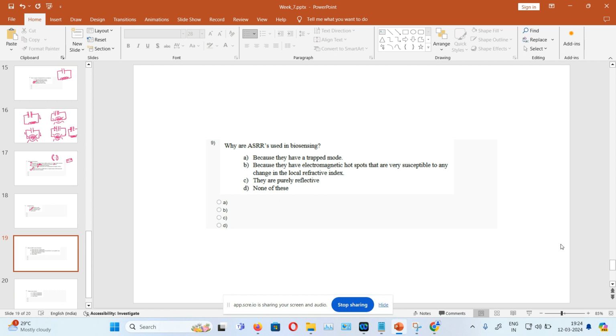They have particular modes that are highly susceptible to changes in the local refractive index. If you have some sensing entities there, they may change that local refractive index, and that will drastically change the properties of the modes in the split resonator, so it can be used as an efficient detector. So the answer is: because they have electromagnetic hotspots that are very susceptible to any change in the local refractive index.